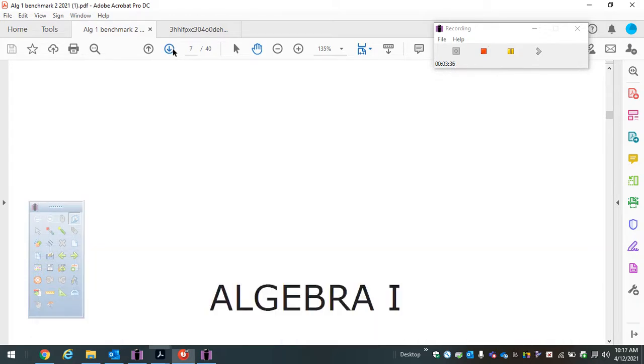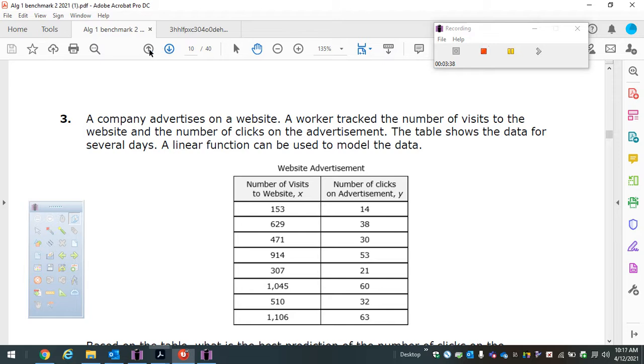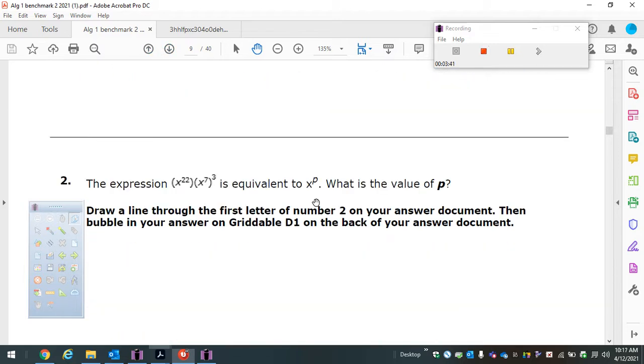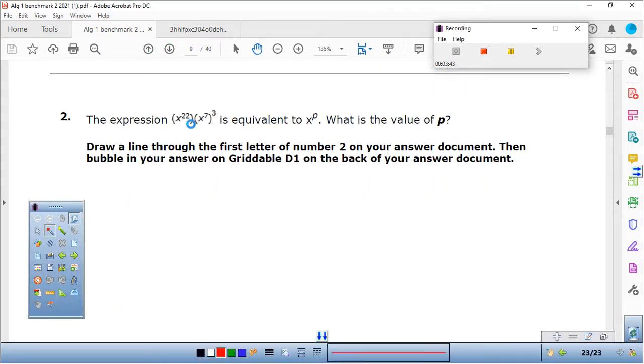So I'm going to work on this one quick. There's 2 kinds of questions here. We're going to go with x to the 7 times 3, that becomes x to the 21st.